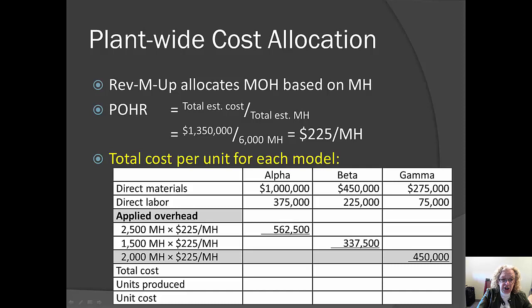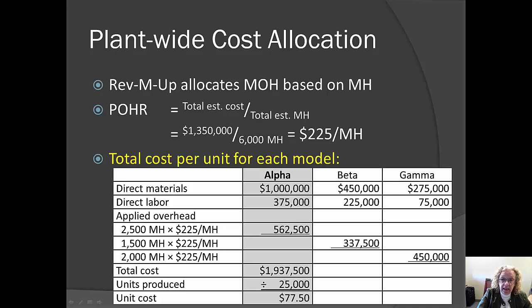Once we've done our allocation, we can add our manufacturing costs for each kind of motor. Add the materials, the labor, and the allocated overhead for alpha. And then we can divide by the total number of alpha motors produced, and that gives us a cost per motor.